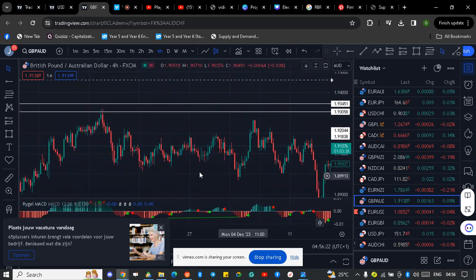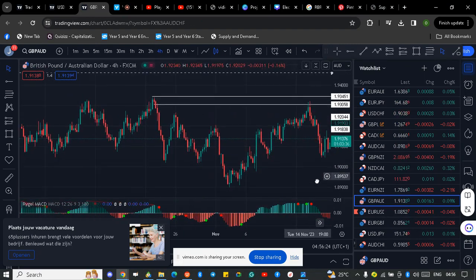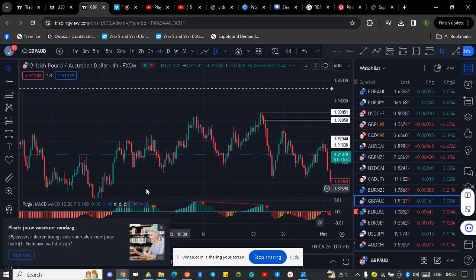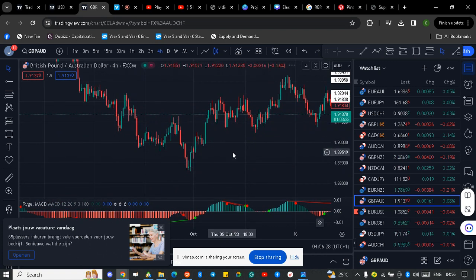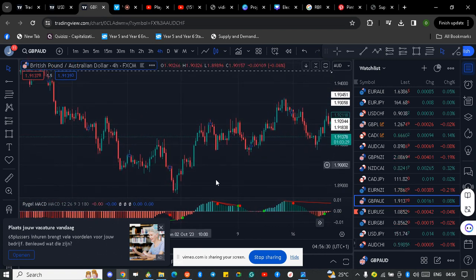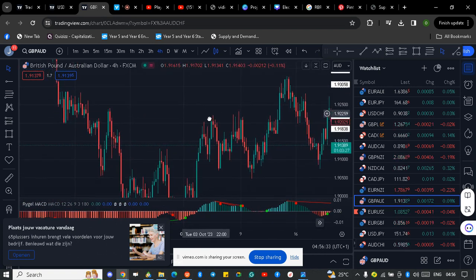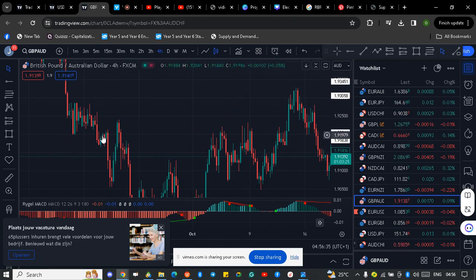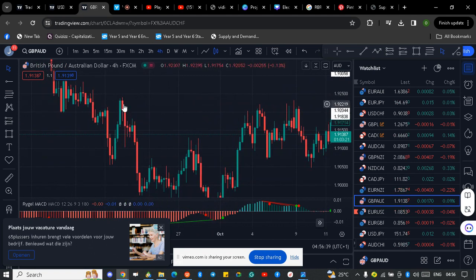So you want to look for these supply zones on monthly, on weekly, and on daily time frames. Look at this. Amazing. Rally, base, drop. One base. If you mark it, look at what happened.